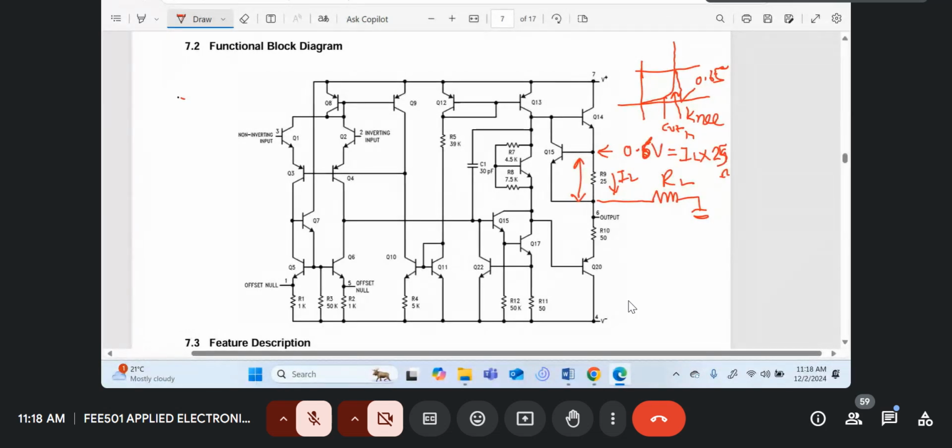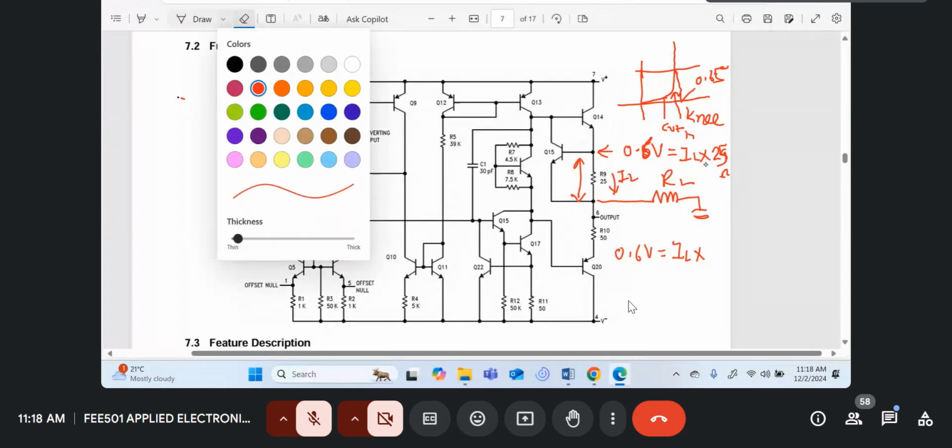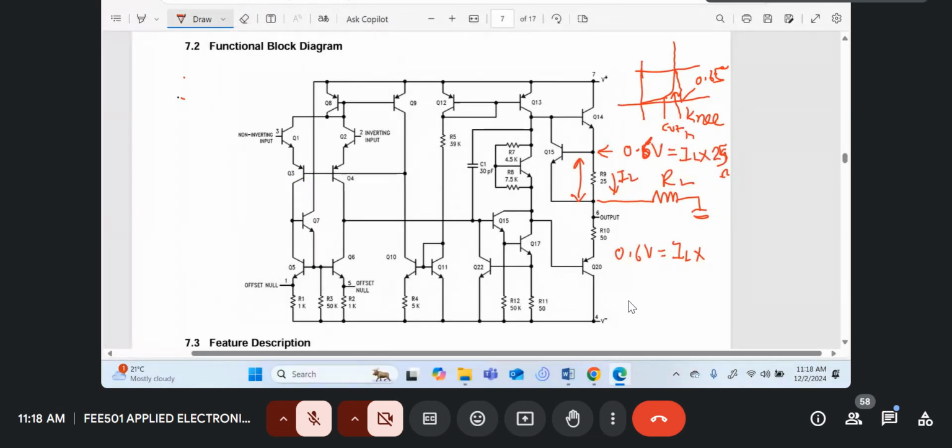Okay, I'll write it down here: 0.6 should be equal to IL times 25. So IL, that's the limiting current, will be equal to 0.6 over 25, in amps. So 0.6 divided by 25.